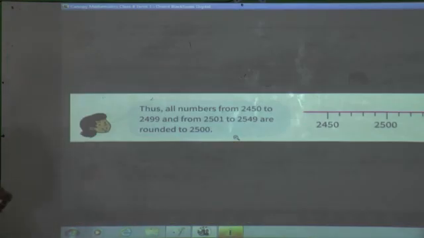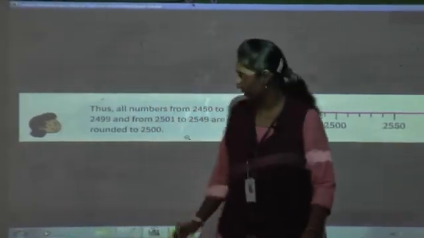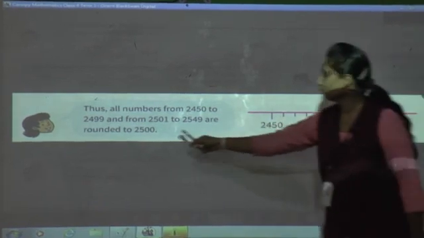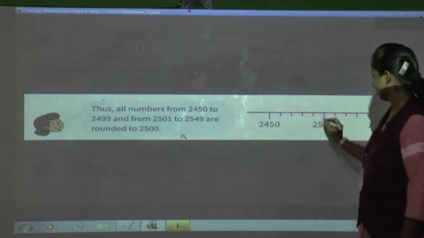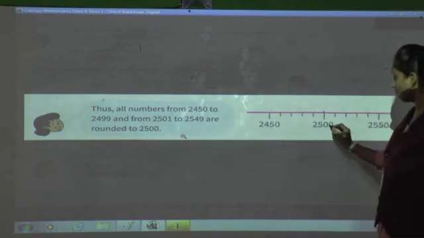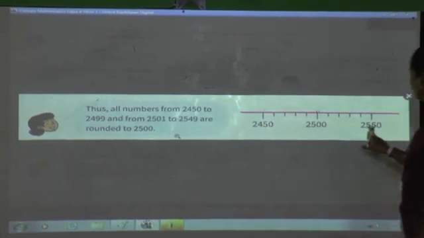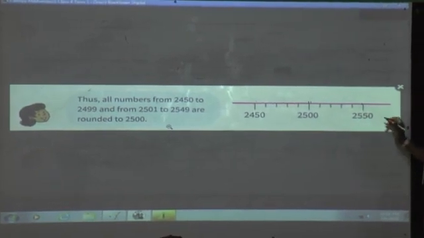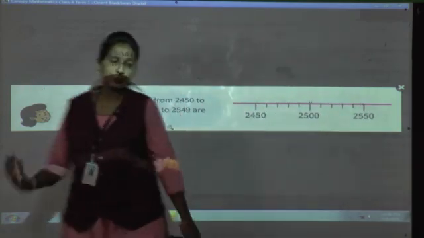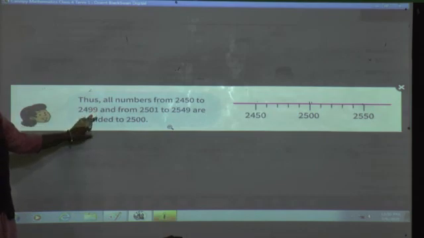Now see, all the numbers from 2450 to 2499 come till here, and from 2501 start from here to 2549, means before 2500, 550. These all are rounded to 2500. Are you getting what I mean to say?